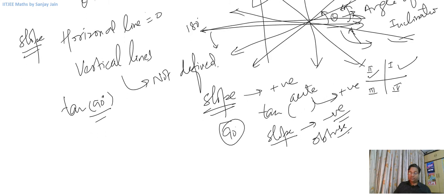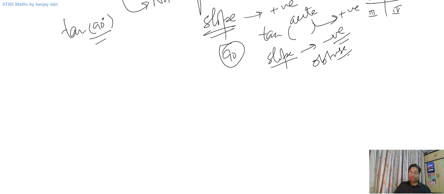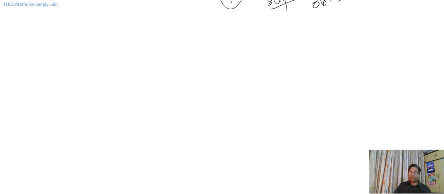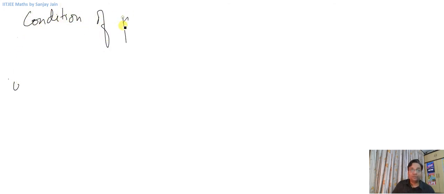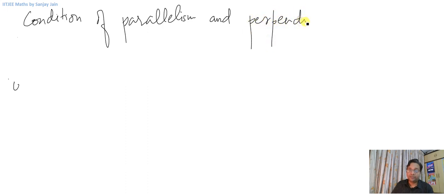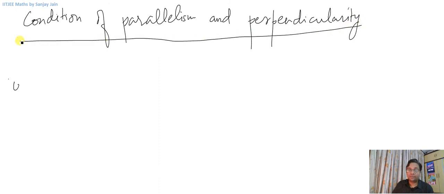Now let us discuss when two lines are parallel and when the lines are perpendicular. So let us study the condition of parallelism and perpendicularity. Okay, so let us discuss parallel lines first.